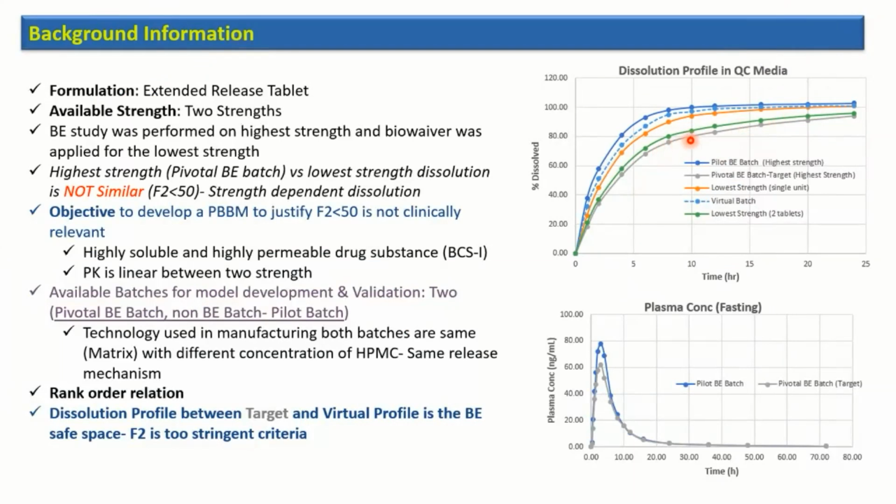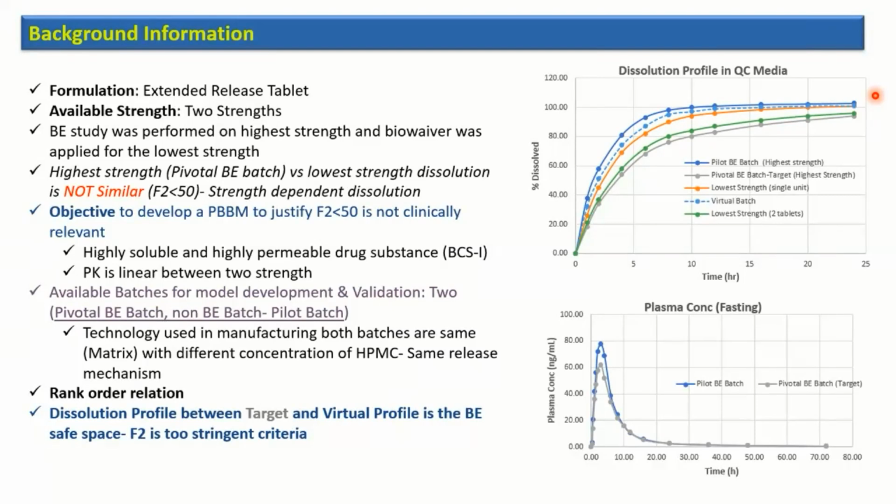If you look at the dissolution profile, this is the dissolution data of the highest strength, which is the B batch, and the red one is the dissolution data of the lowest strength. Here we observed a strength-dependent dissolution, meaning that F2 between the lower and highest strength is less than 50, and hence the biowaiver of the lower strength was challenging.